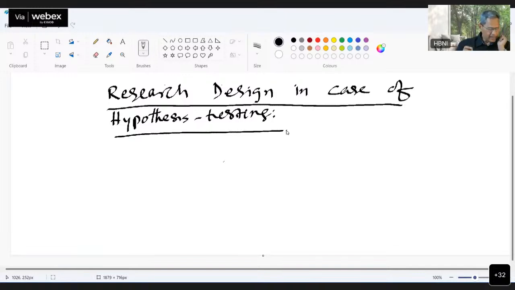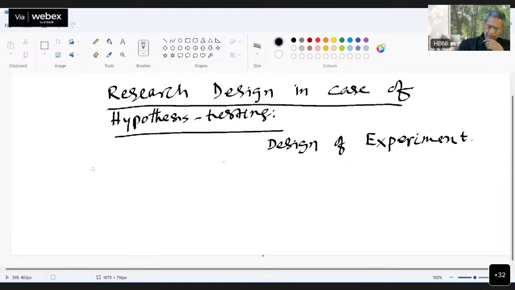The research design in such studies, we often mean design of the experiment, because as you say, hypothesis testing research design is basically experimental studies. So it is also sometimes called design of the experiment. So what is experimental research?